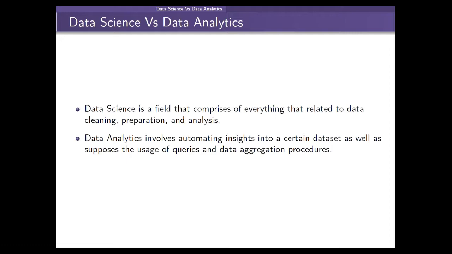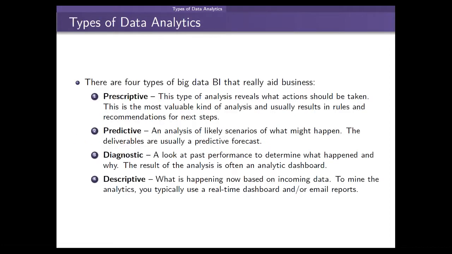Then what is data analytics? Data analytics involves automatic insights into a certain data set. If you have some data, apply a data mining technique, get the results, and then communicate those results to the stakeholders. So we can say that data analytics is the superset of data science. This is the difference between data science and data analytics for the moment.